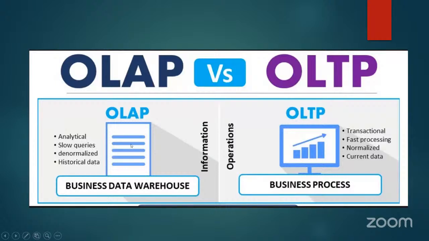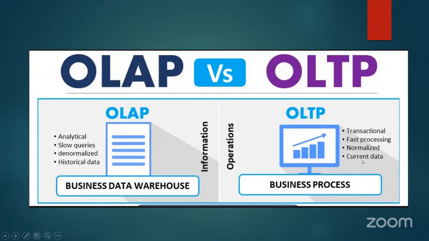OLAP is for analytics, and the queries are also different, like denormalization and normalization. I'll go through that when I'm teaching SQL, then you can know that. The historical data we have would be in the OLAP, and in OLTP all the DML operations are done immediately to the database, and that would be transactional.